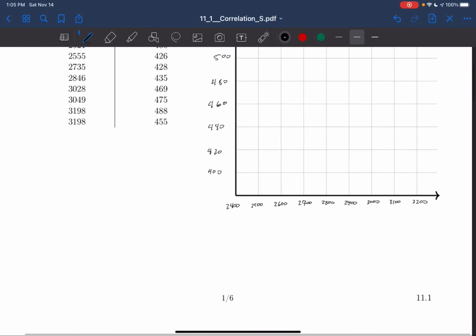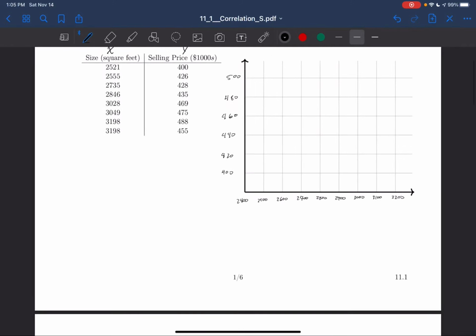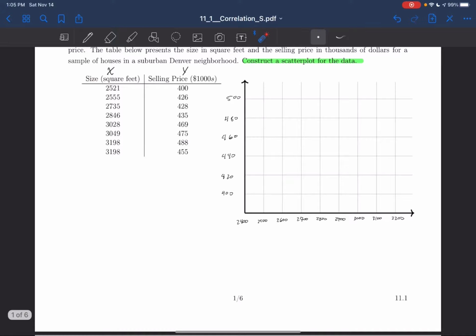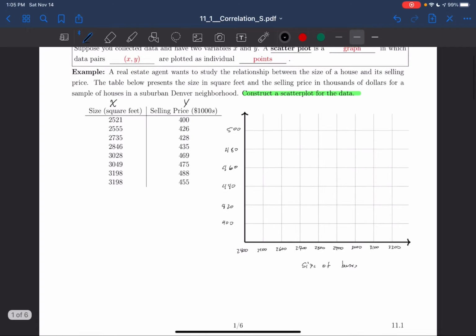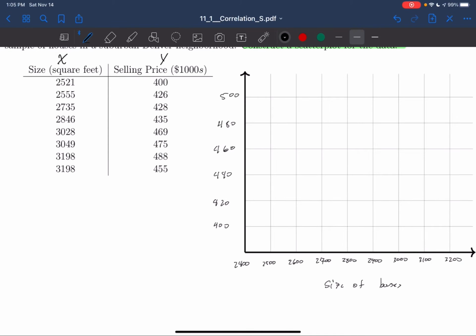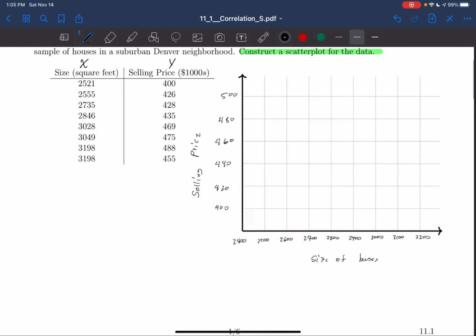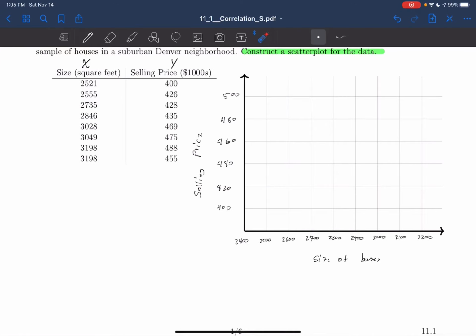Great. And remember, the x here is our size in square feet, so this is the size of houses. And then our y is our selling price in thousands. So here you could say selling price.